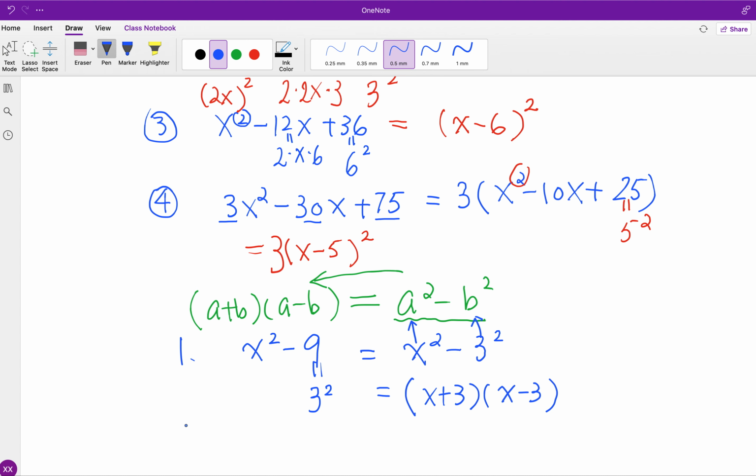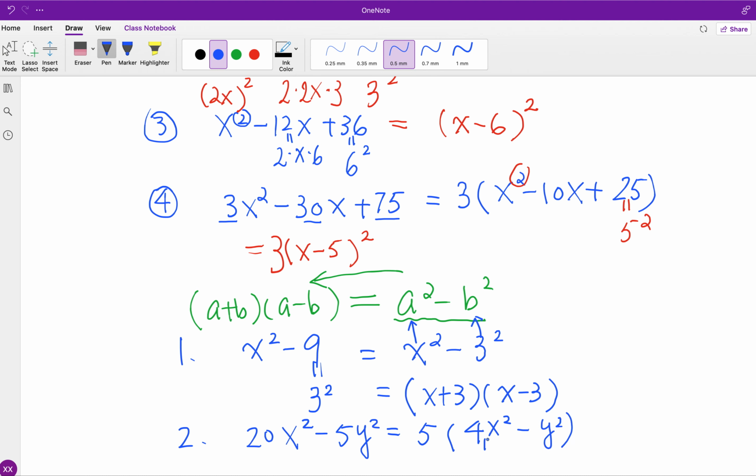Okay, now let's try another one, which is 20x squared subtract 5y squared. So now 20x squared cannot be rewritten into a perfect square, but we have the 5 to be pulled out. So 5 pulled out, that becomes 5 times (4x squared subtract y squared).